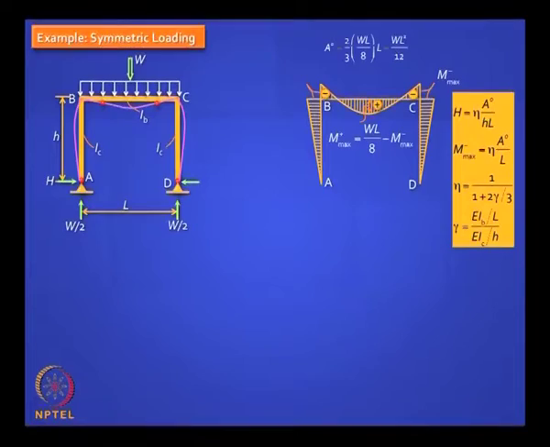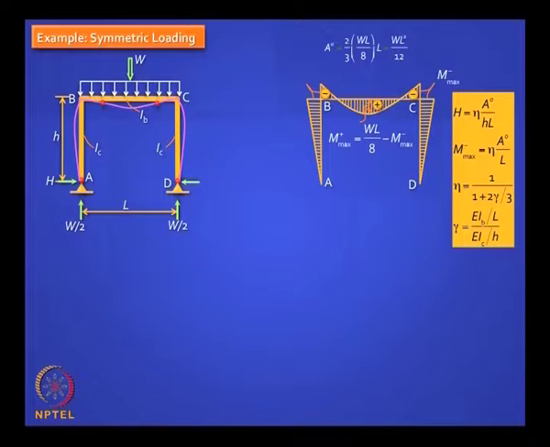Do you agree to this expression? 2/3 into WL by 8 into L will be the area of the free moment diagram, that is A naught. That is all you have to calculate, that is WL squared by 12, and that divided by L is WL by 12 into eta.